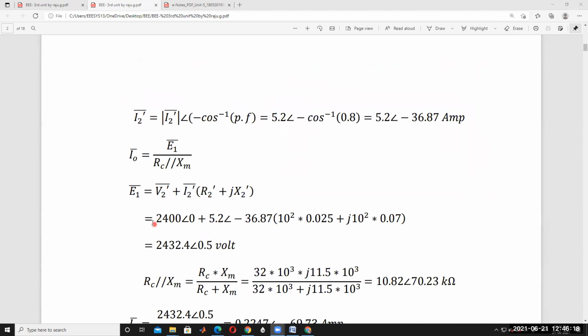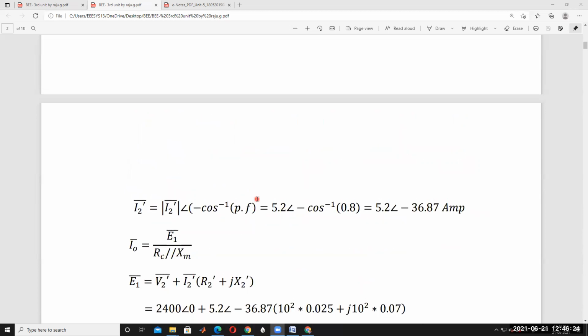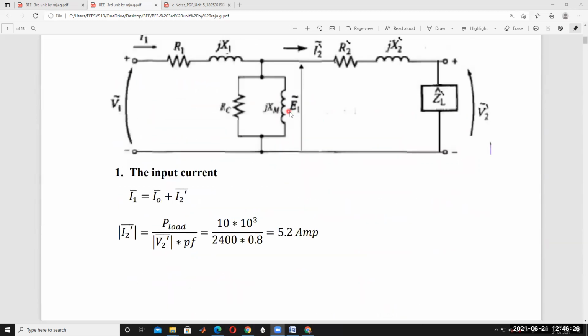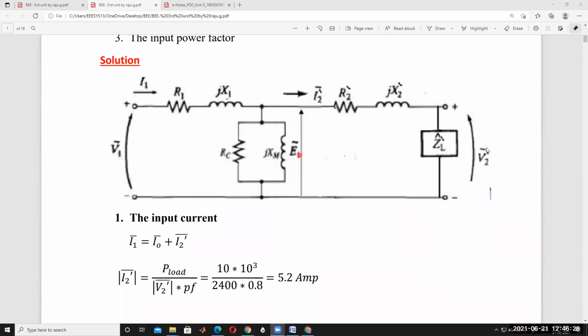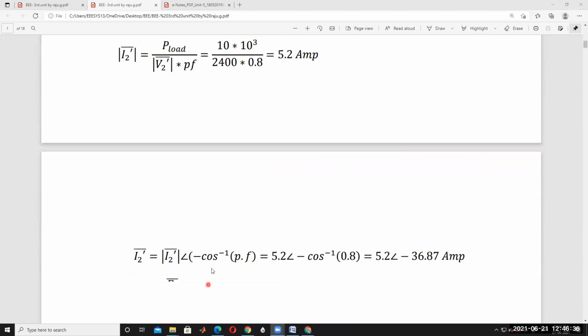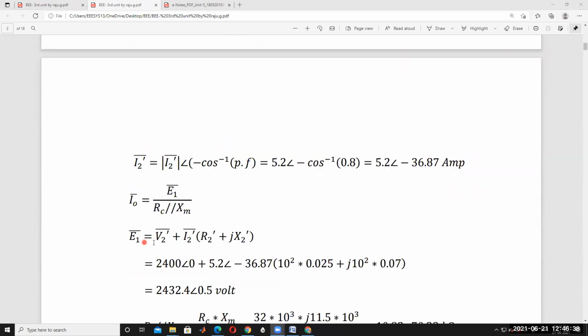Here what is the voltage? V1. And E1 is equal to V2' plus I2' into R2' plus jX2'. Otherwise, E1 is equal to V2 plus the voltage drop I2' into R2 plus jX2. So from the secondary side parameters, we are finding E1.